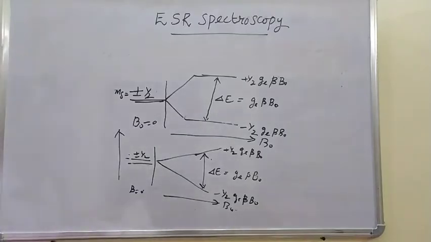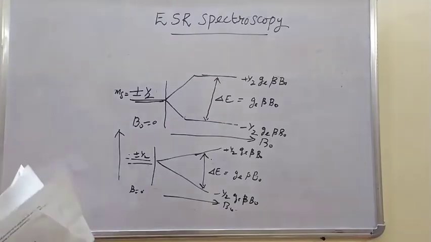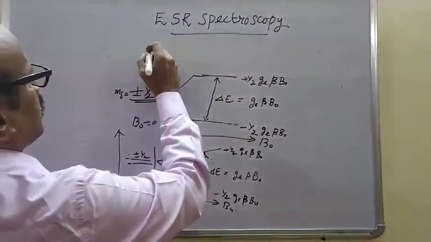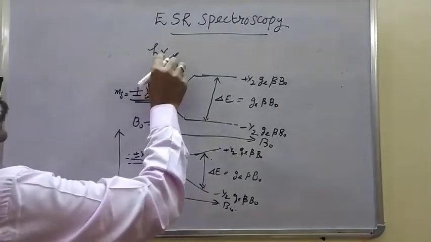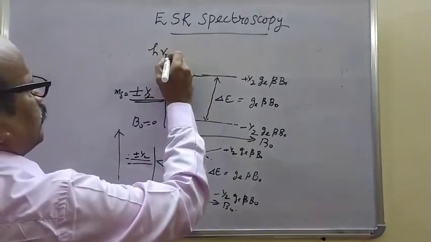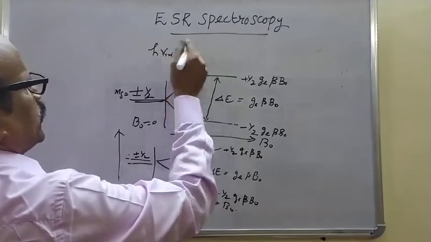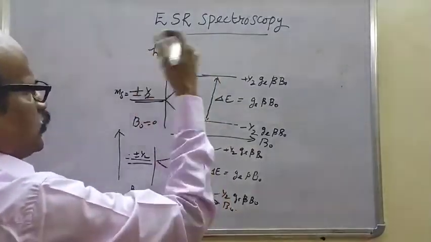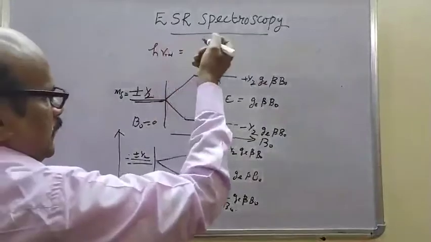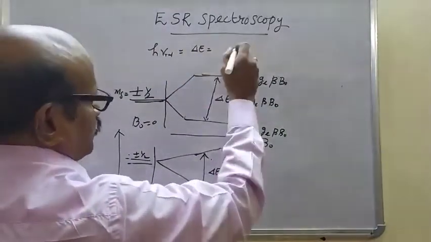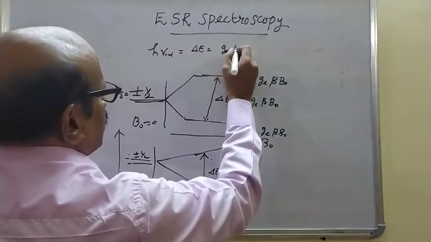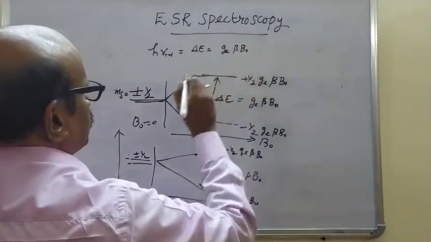Here is the equation. Suppose we irradiate the system with electromagnetic radiation of energy h nu with frequency nu. It will absorb the energy from the radiation through magnetic dipole interaction, and h nu becomes equal to delta E, which is equal to g_e beta B0.